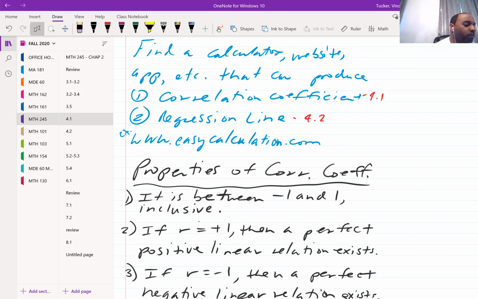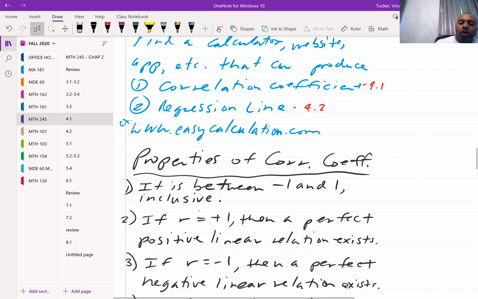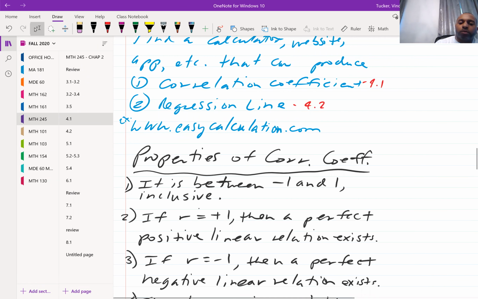So that means it can be 1, it can be -1, but it cannot go smaller or larger than that. Now if it's +1, then a perfect positive linear relation exists. If R is equal to -1, then a perfect negative linear relation exists.